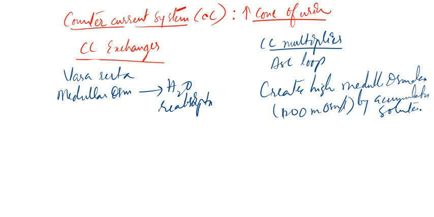Now we will just look into some mechanisms. Okay, we'll just look into some mechanisms. Just 1 minute. So what happens is, if you take something like ascending loop, right? Thick ascending loop.